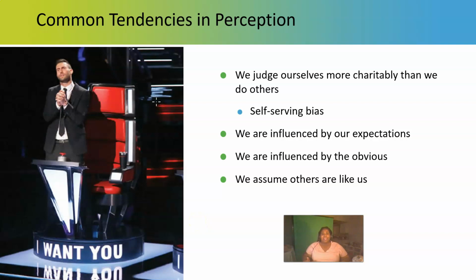Another tendency we have is we tend to judge ourselves more charitably than someone else. So, for example, say if you're running a bit behind because of traffic, you're like, oh, they should understand. California traffic's crazy. But when you're at the restaurant and you're waiting for someone else, then you're like, hey, what took them so long?